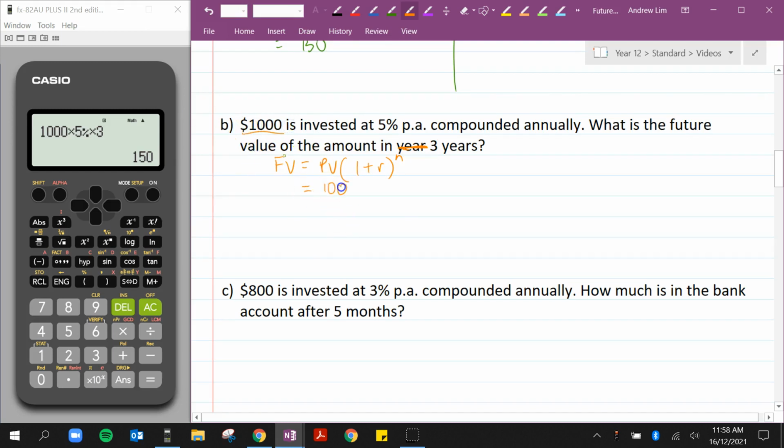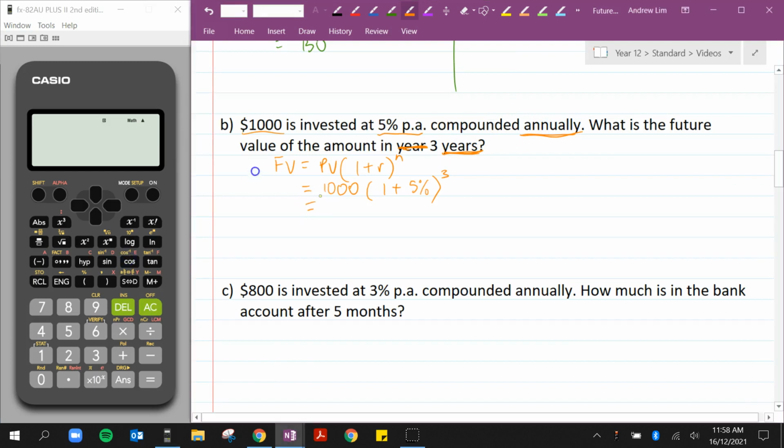That's our present value. That's how much we have right now. It's invested at 5% per annum, compounded annually, so I don't need to divide that percentage by anything. And n is 3. Okay, so we can see here 5% per annum compounded annually, 3 years. Annually and years, they're the same units.